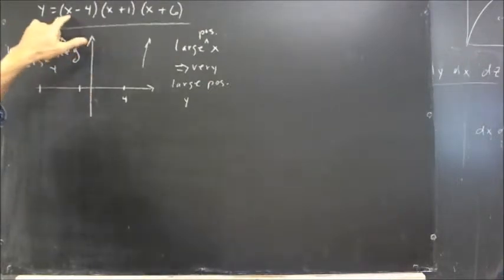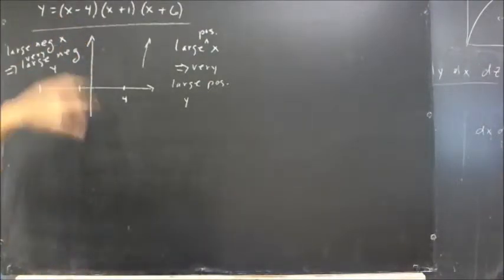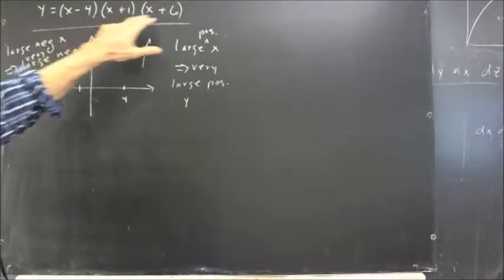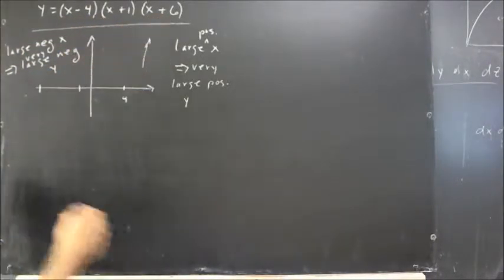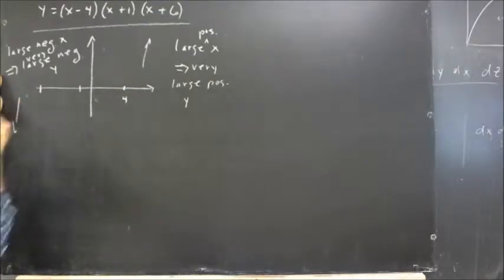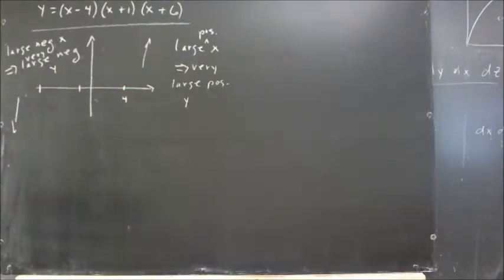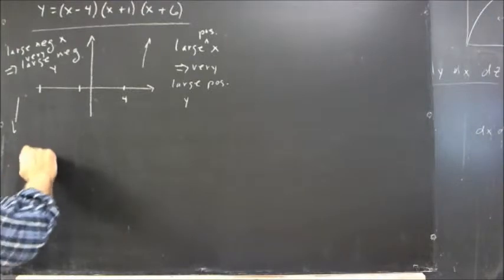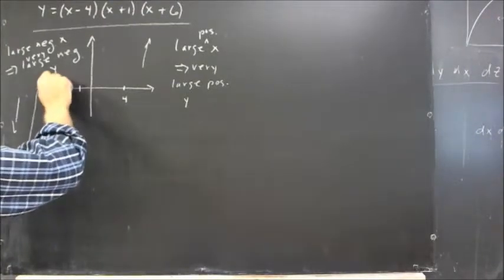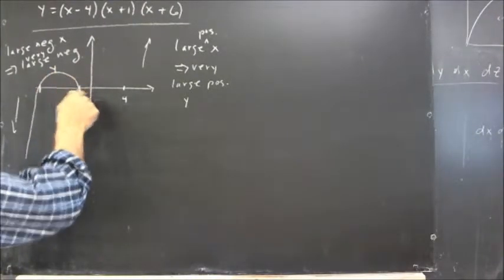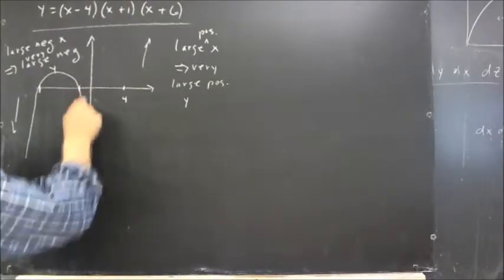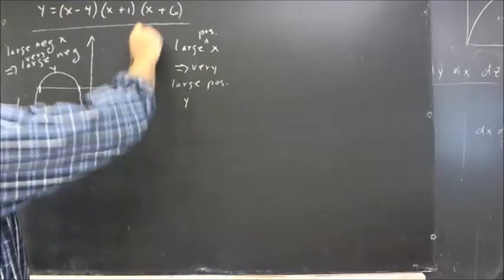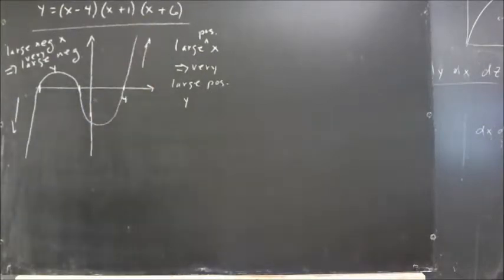Because if x is a large negative number, it's going to be big enough to make all 3 of these negative, and when you multiply 3 large negatives together, you get a really large negative number. So you have this behavior on this side. So when we graph this function, we come up from here, we come through the axis, we come down here. We're going to have to turn around on the negative y-axis, come back up through 4, and that's kind of what our graph is going to look like.